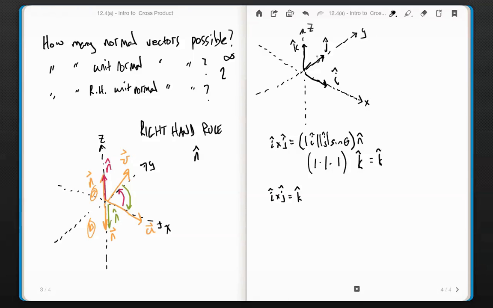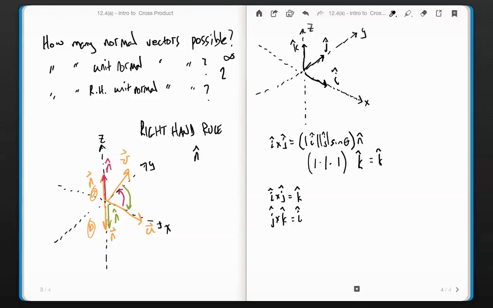Now, what if we did j cross k? J cross k, right-hand rule, our right fingers go from j up here to k, and then our right thumb would stick out in the direction of i. So j cross k gives me the unit vector i. And finally, what do we have left?